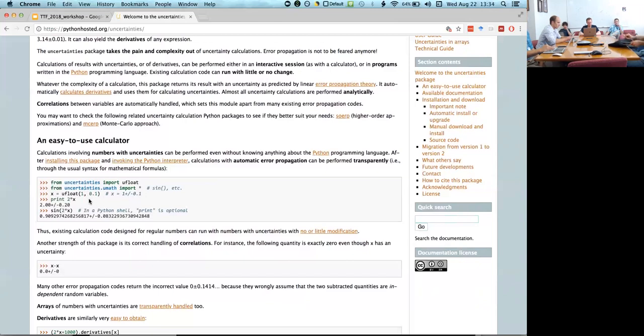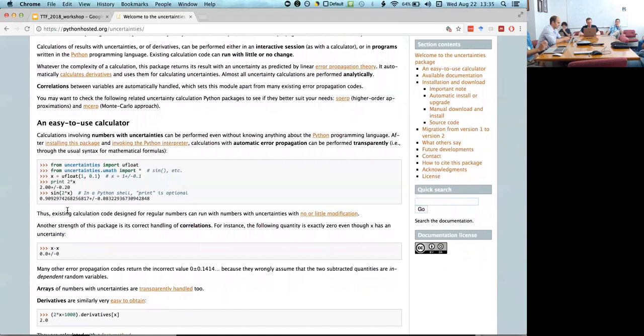And it's good at propagating that uncertainty through various arithmetic operations. So if you do 2 times x, then that uncertainty becomes 2 plus or minus 0.2. And it can also be propagated through various functions, if those functions have been instrumented to be able to propagate the uncertainty.